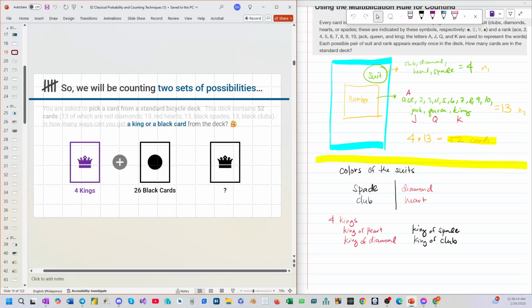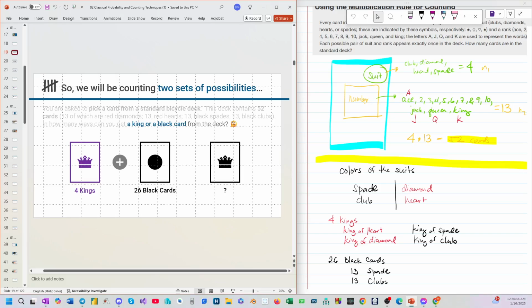Now we also have 26 black cards. What are those? These are the 13 spades and the 13 clubs.